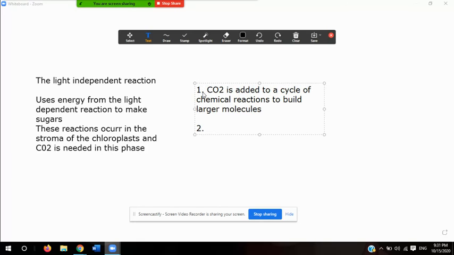And then it says that energy from the light dependent reactions is used in these reactions, and we already established that. And then after that, a molecule of simple sugar is formed.